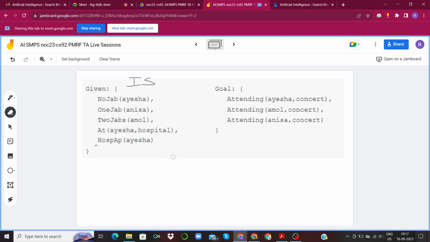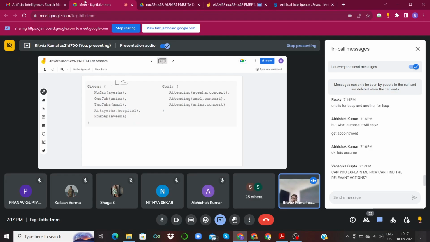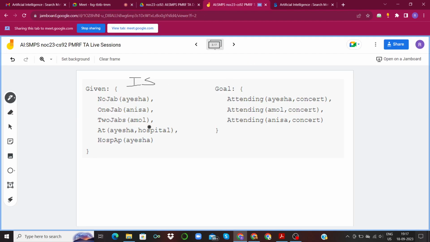Okay, so now we are going to have a look at the backward state space planning method. In the forward state space planning method, we started with the initial state, but we saw that this resulted in a number of problems, one of them being the high branching factor and the number of branches growing exponentially in the tree.